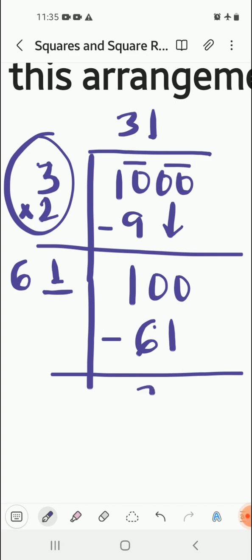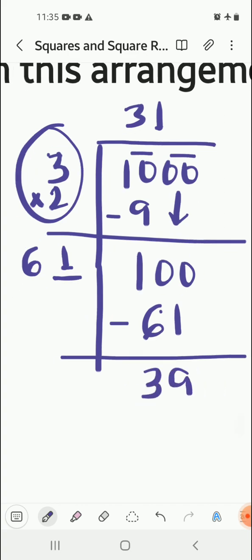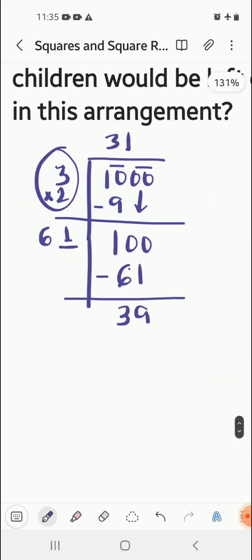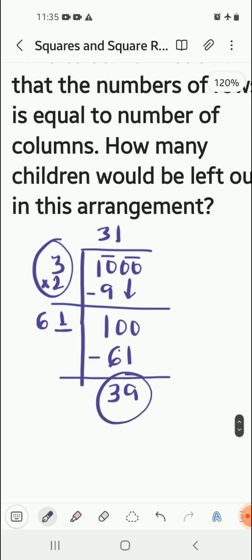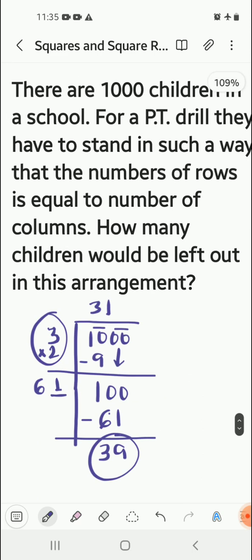The 39 is the remainder, which means that if 39 children are left out, then we can arrange the children for the PT drill in such a way that there are 31 rows and 31 columns. So this is what we are going to write.